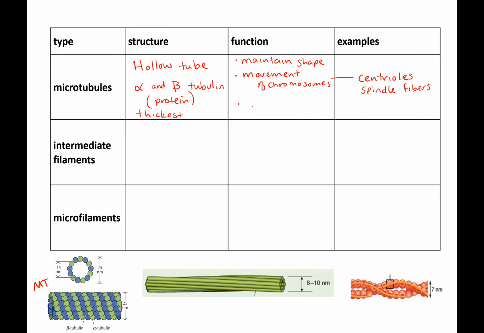They also help organelles move, which we call intracellular trafficking. And this is kind of like railroad tracks in a cell. They're just called microtubules, but it's for movement of organelles and vesicles.